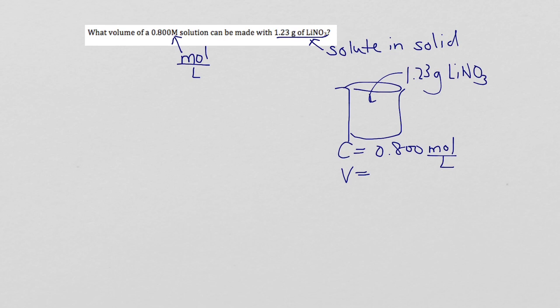So we can work with the same equation, C equals n over V. Okay, but we're not given moles, so we have to change 1.23 grams into moles. So first step, let's calculate moles of solute.